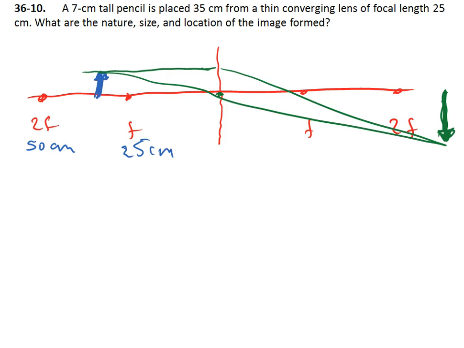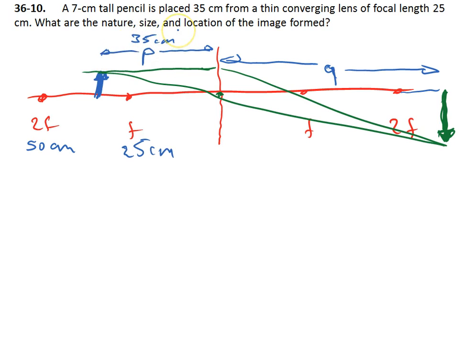So we're asked for the nature, size, and location. By location, we mean what is the distance of the image. That distance is q. And similarly, the object distance, p, we were given as 35 centimeters.